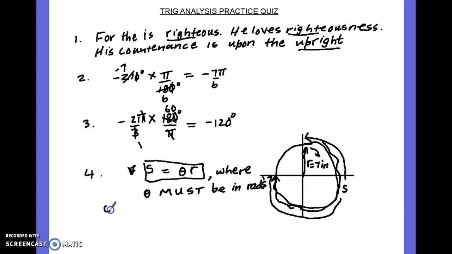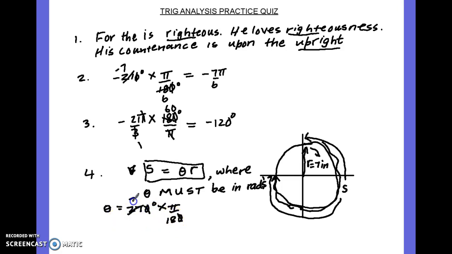Okay, we're given that theta is 270 degrees. We have to convert that to radians, and you don't have to do that, you just did it. So we have to multiply by pi over 180 to bring it to radians. Divide upstairs and downstairs by 10. You can see that 9 can go into 27, 9 goes into 18.